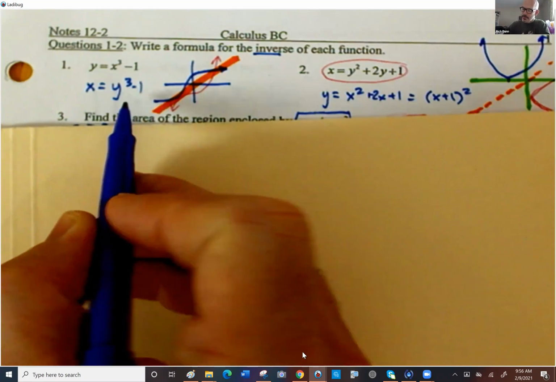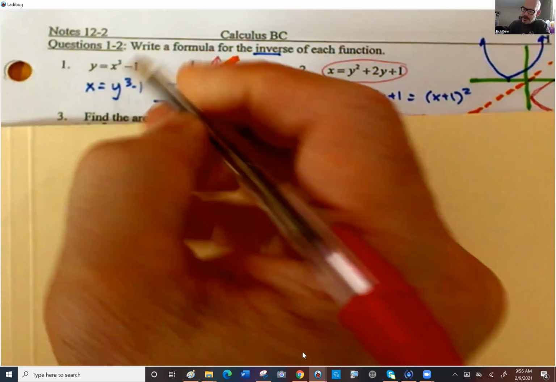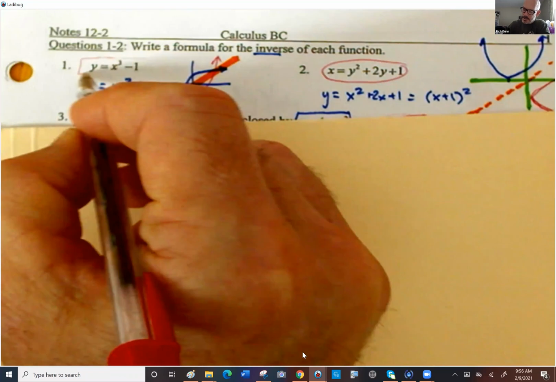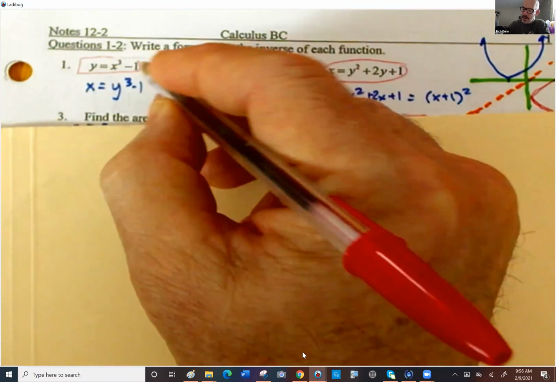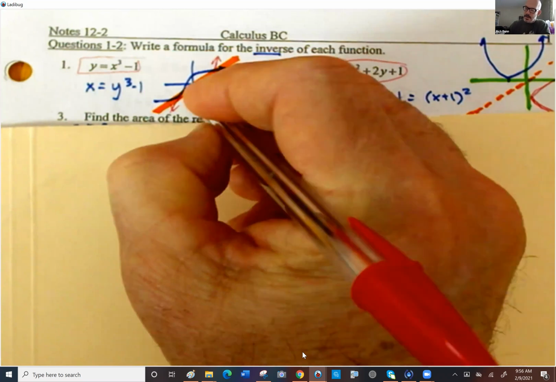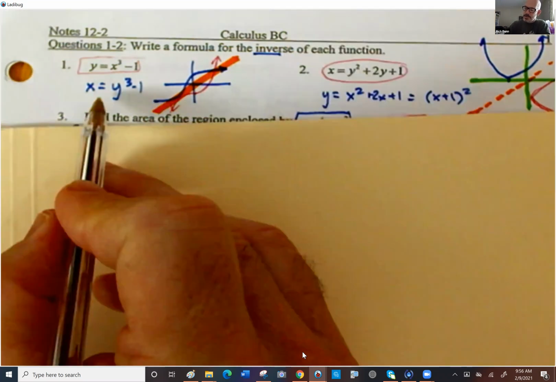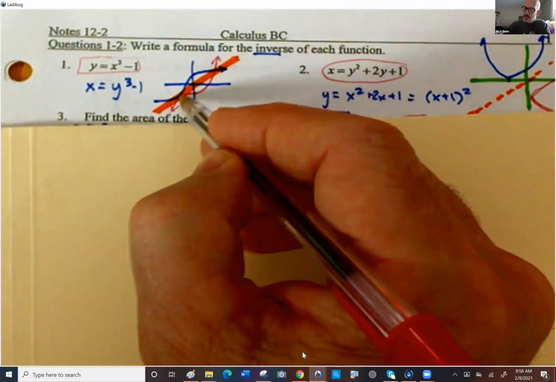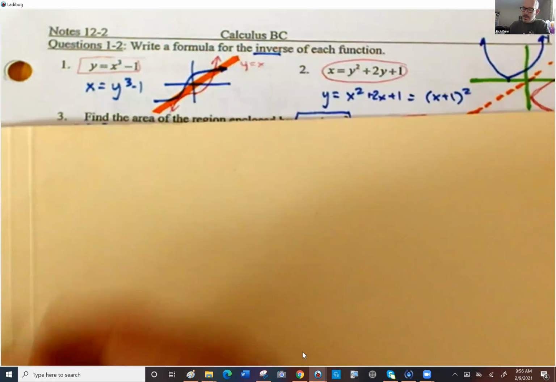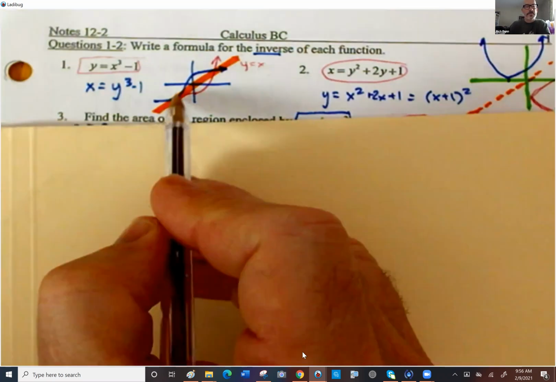The original function is this snake that's been shifted down 1. And then when we do the inverse, it's the same as reflecting that across the line y equals x. And this would be the graph of that inverse function.